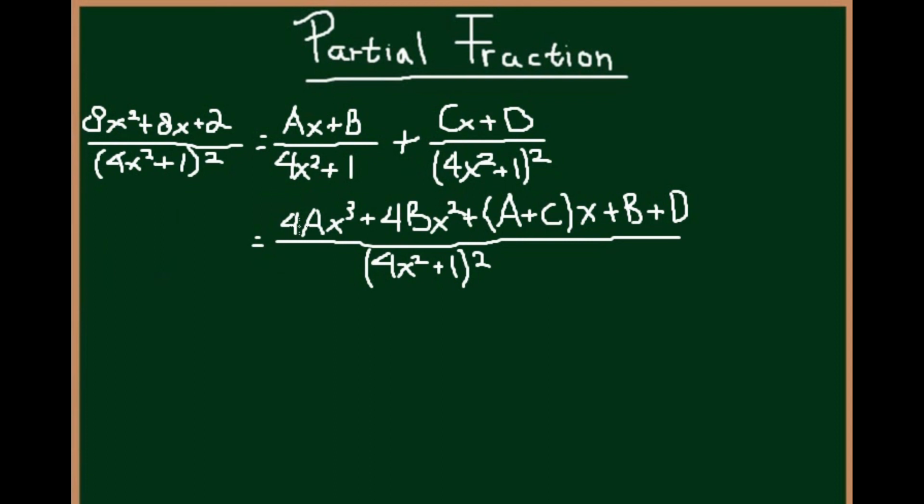And now we can conclude that 0 is equal to 4a, 8 is equal to 4b, 8 is equal to a plus c, and 2 is equal to b plus d.